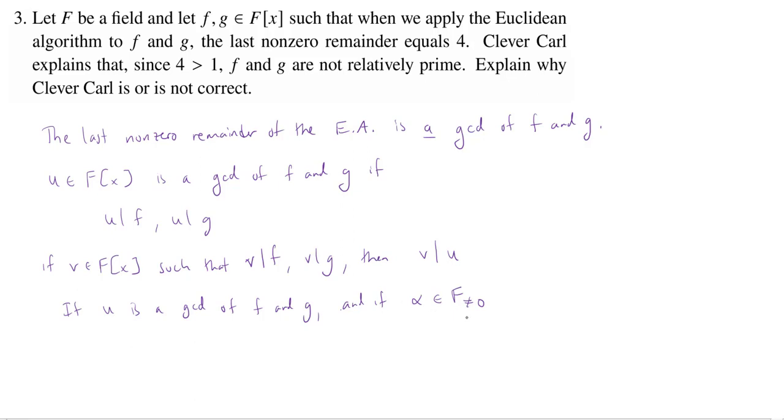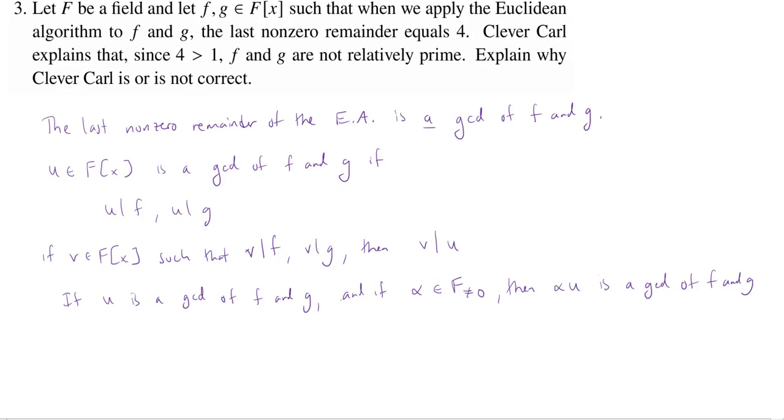Then I claim alpha times u is a GCD of f and g. To show this, we just need to verify these axioms. Alpha u will have to divide f, alpha u will have to divide g, and any other common divisor of f and g is going to have to divide alpha u. But this is going to come easily from our definition of divisibility.